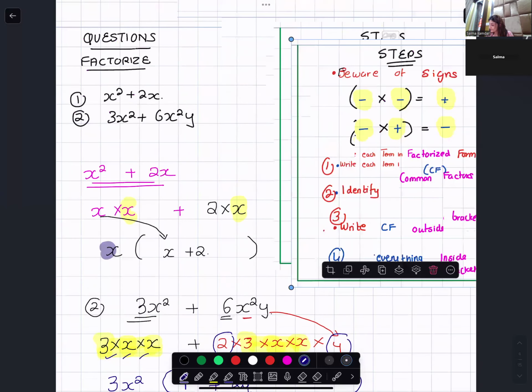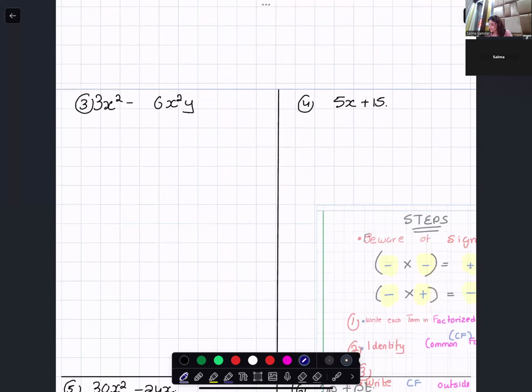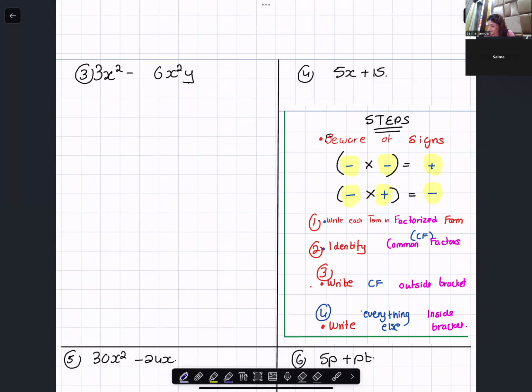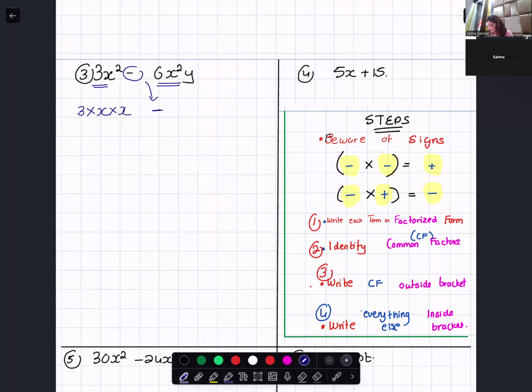Come on, let's do more sums of factorization. Write every term in the factorized form. So this would be 3 into x into x. Put the sign as it is. 6 can be written as 2 into 3. x square would be x into x, and then I have a y.